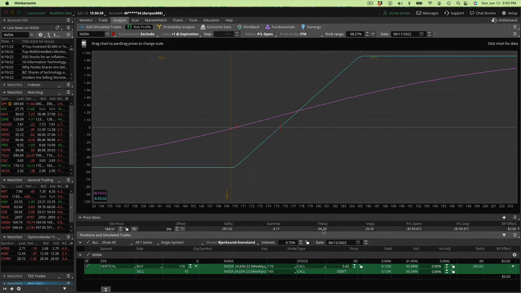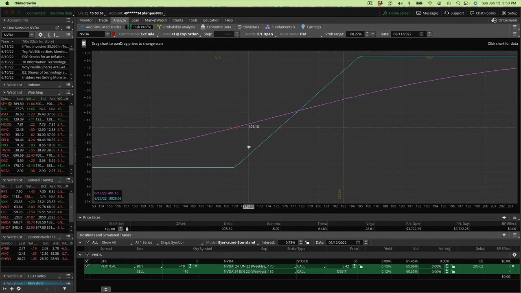I know that my theta would actually end up being positive, and I can prove that by just saying, what happens if the stock is at 183? I just lock this, I change this to 183. And see, my theta is positive when we're close to the short strike.